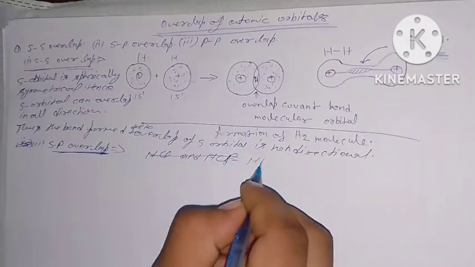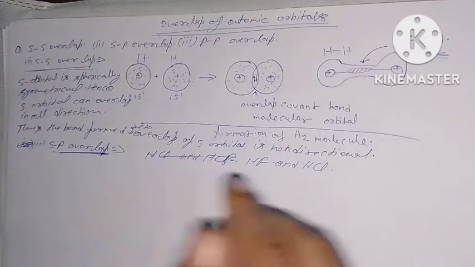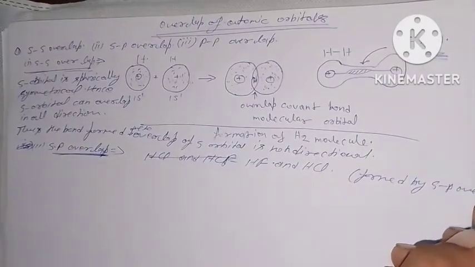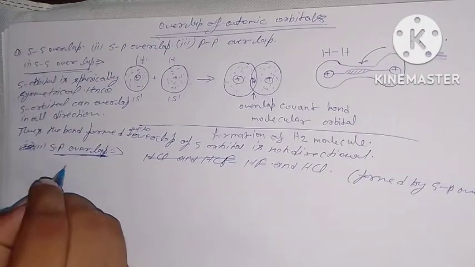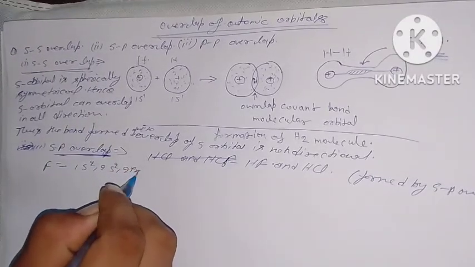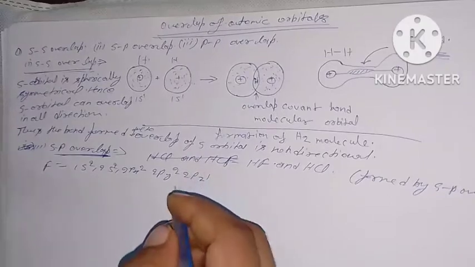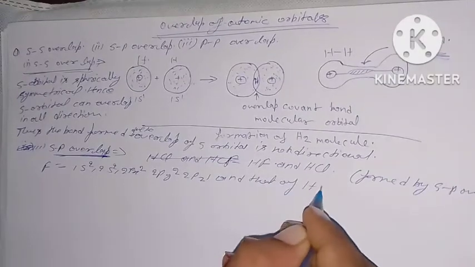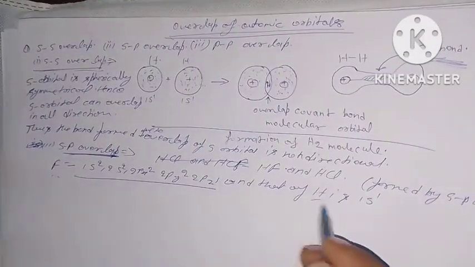A molecule of HF and HCl is formed by SP overlapping. This is the electronic configuration of fluorine and this is the electronic configuration of hydrogen.